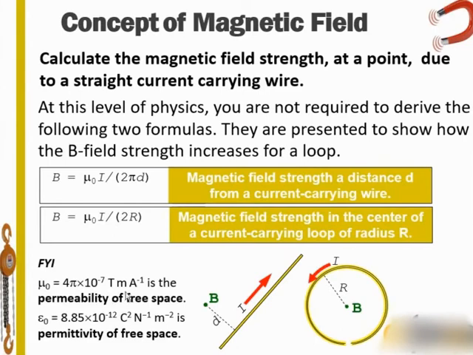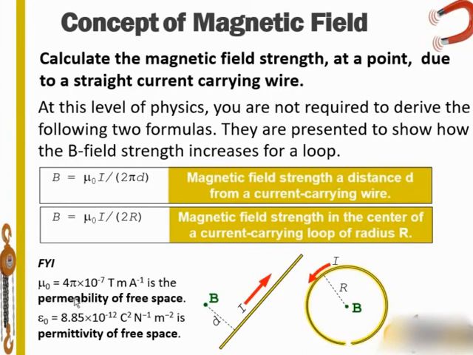It actually has a value of 4 pi times 10 to the minus 7 Tesla, capital T meaning Tesla, which is the unit for magnetic field strength, multiplied by m, which is the SI unit for distance, displacement in meters, and then A to the minus 1, which is amp to the minus 1.